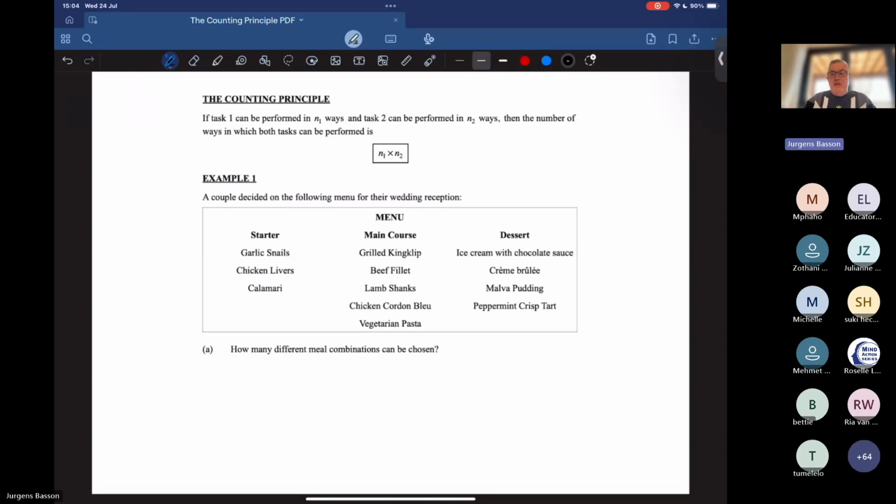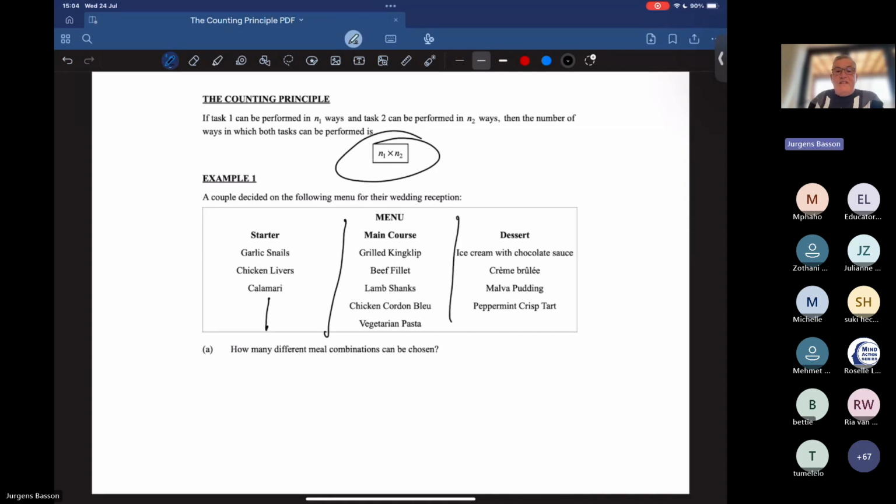Now, if you look at this first example on a menu, I will illustrate what this definition is all about. You will notice in this menu, I've got starter, I've got the main course, and I've got dessert.